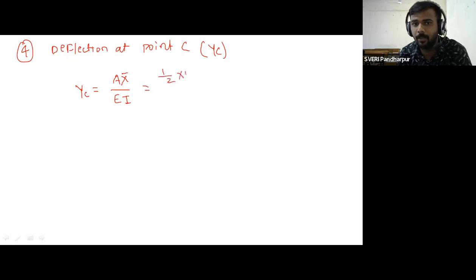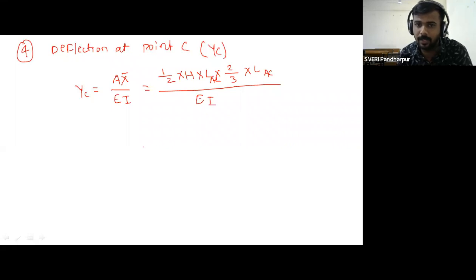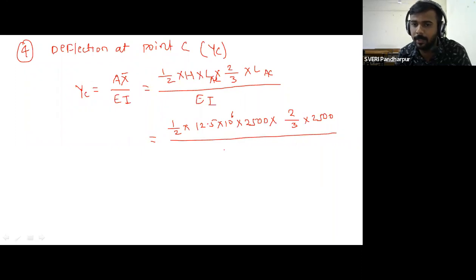So 1/2 into H into length into x bar, 2/3 into length, I will consider AC, divided by E into I. So 1/2 into 12.5 into 10 raised to 6 into 2500 into 2/3 into 2500, divided by 2 into 10 raised to 3 into 1 into 10 raised to 6.